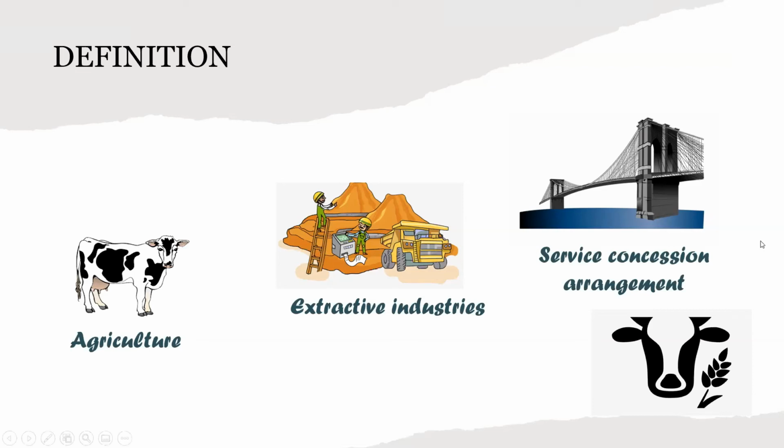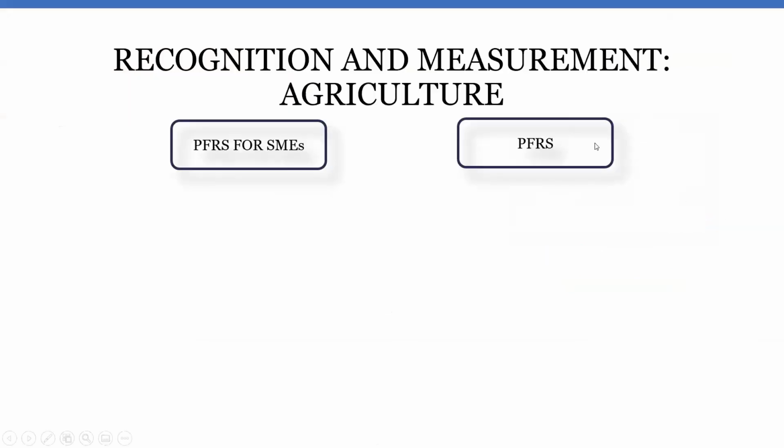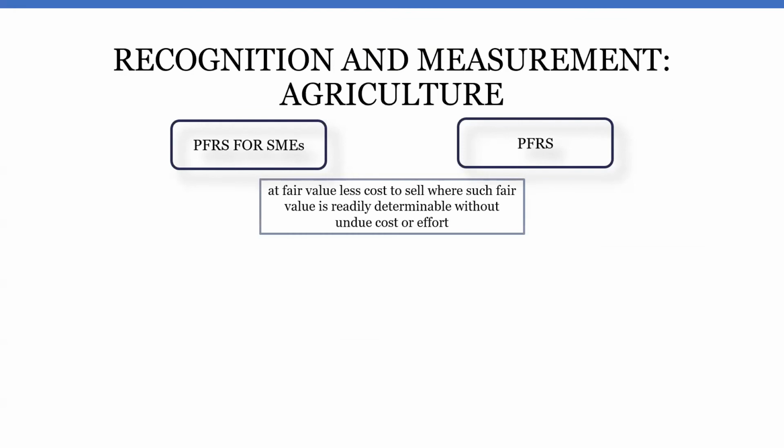So, ano ba yung recognition and measurement sa agriculture? So it is measured at fair value less cost to sell, where such fair value is readily determinable without undue cost or effort. So both for PFRS for SMEs and full PFRS.